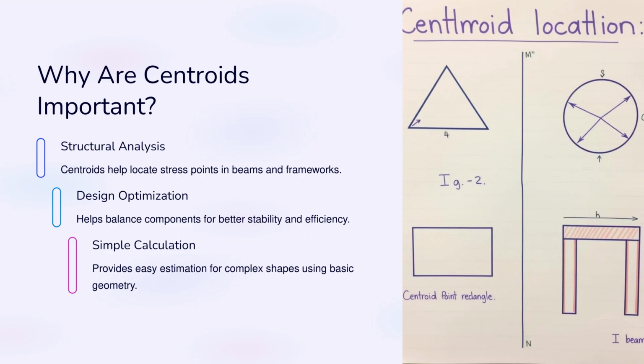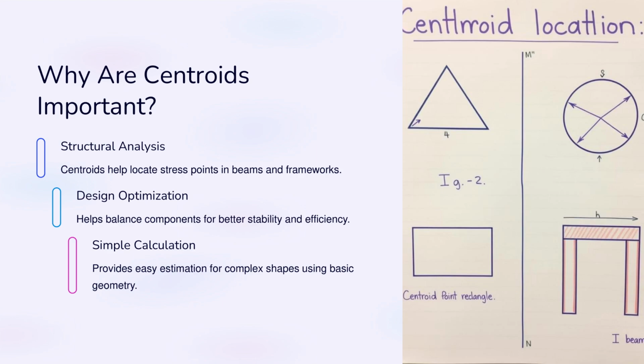So now let's move forward. In design optimization, it helps balance components for better stability and efficiency. Let me explain. Design optimization improves the performance and safety of structures, and it also helps balance components to avoid uneven stress or weight.